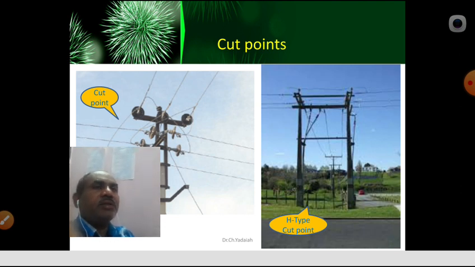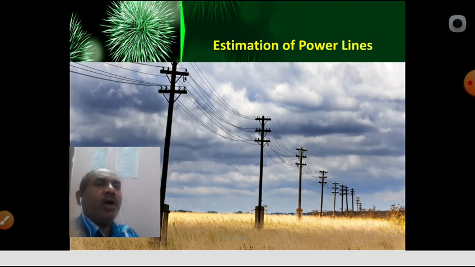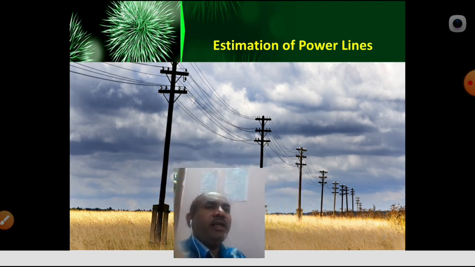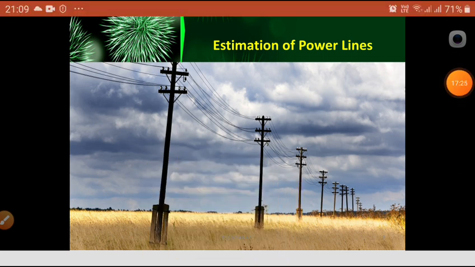And now you can see we are going to do this estimation. So you can see the line here. Now what are these lines? Simply, these are the LT lines. Each pole consists of 2 cross arms, and in one pole 3 cross arms also. Now in our problem we are going to estimate.